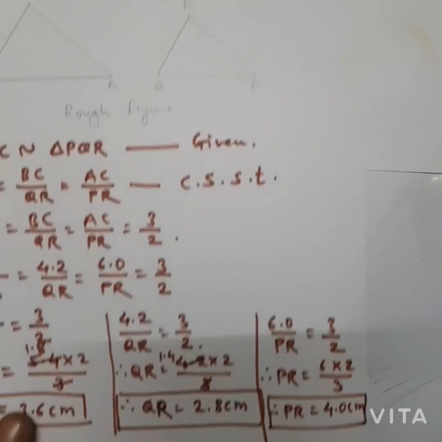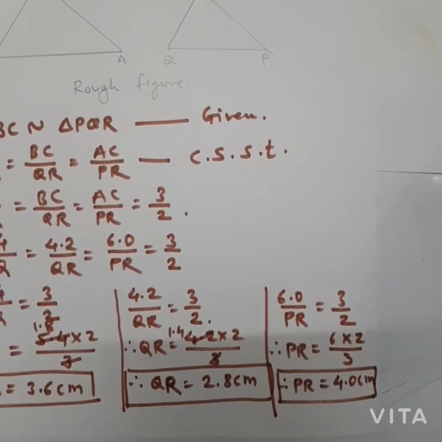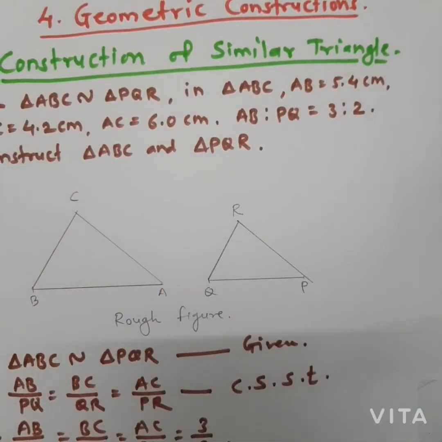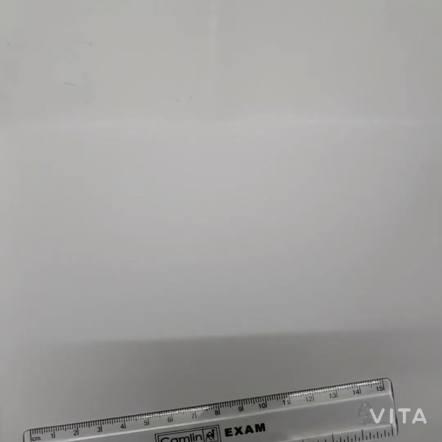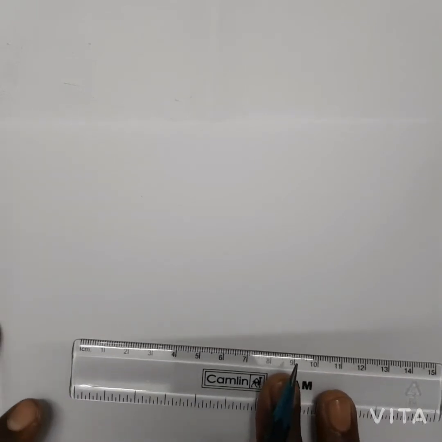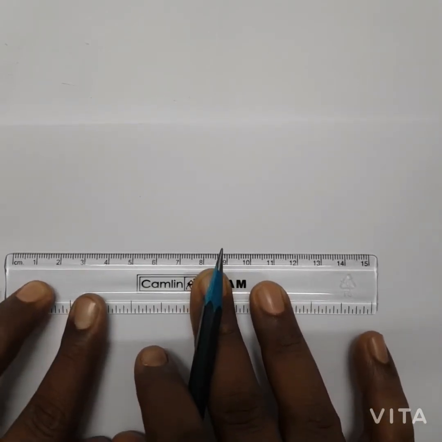Now we know all three sides of triangle PQR and all three sides of triangle ABC. Therefore we can draw these triangles. First we will draw triangle ABC. Side AB is 5.4 centimeter here.